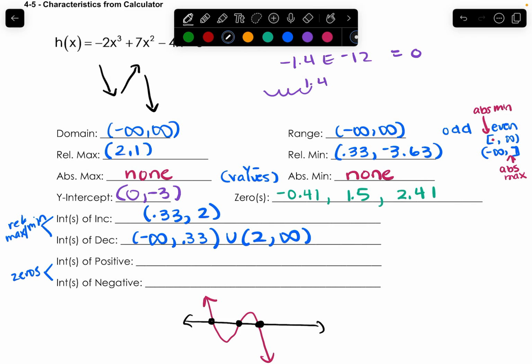So these are the numbers that I need to have: -0.41 to 1.5 to 2.41. We have to include negative infinity and positive infinity in here. So if I go in between negative infinity to -0.41, my whole graph is above. So that means this is a positive interval.